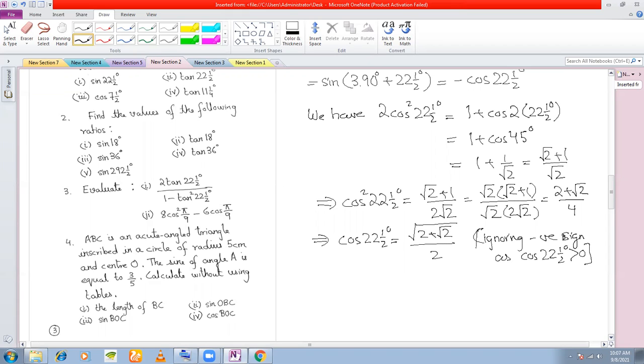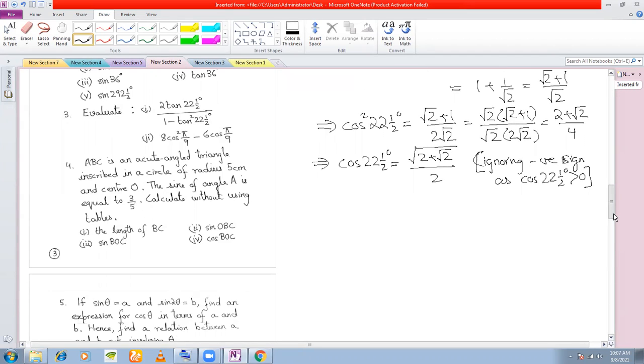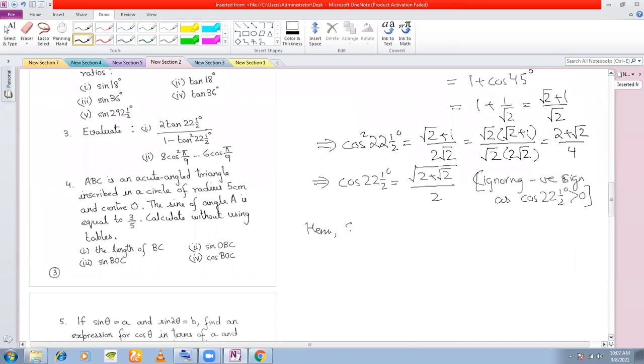So we have got the value of cos 22.5. Hence sine 292.5 is equal to minus cos 22.5 degree, which is equal to minus square root of 2 plus root 2 divided by 2. And that's your answer.